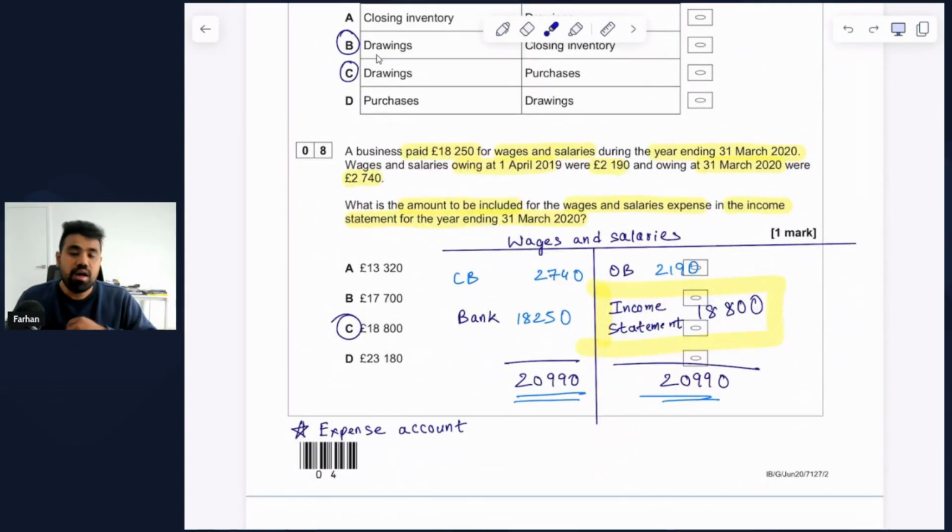And if the opening balance of liabilities is on the credit side of the ledger account, then the closing balance of the liabilities should be on the debit side of the ledger account.